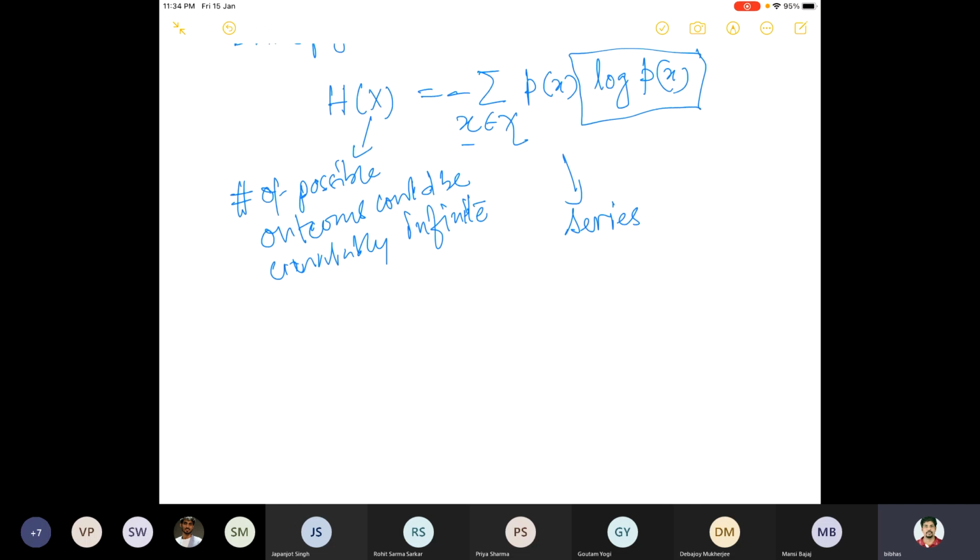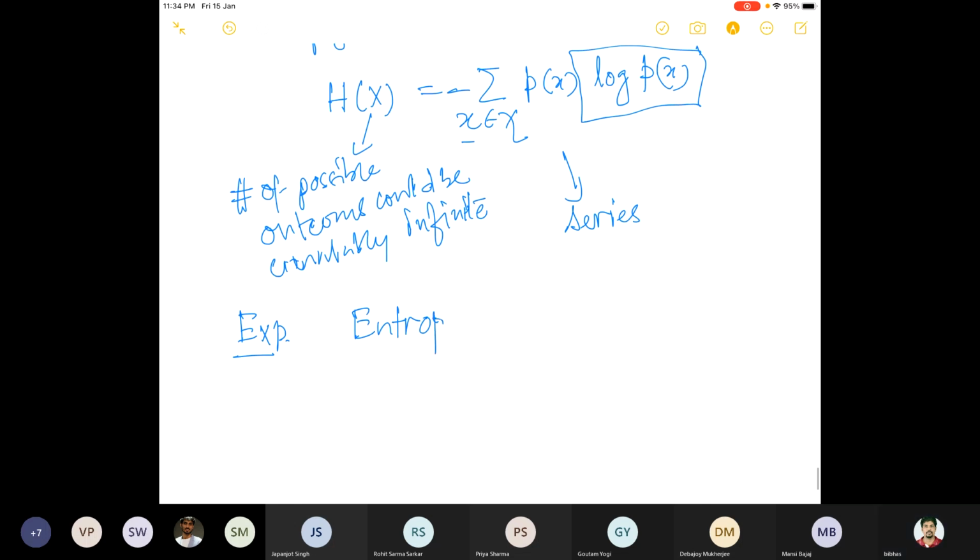Let's say this is my example. I'll not do the calculation, but I will ask you to validate this. Entropy could be infinite. Just check whether it is true or not.